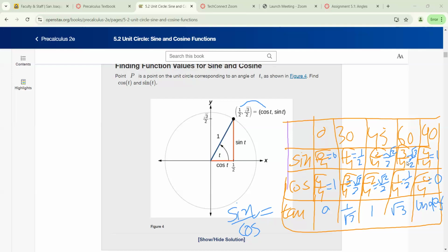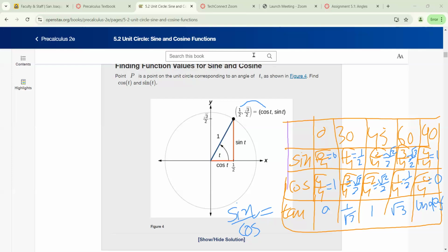I can tell by looking from my trig table that this angle is 60 degrees, because at 60 degrees, cos value is 1/2 and sine value is square root 3 over 2. Okay, so that's how this trig table will be useful, and probably I will repeat it one more time later whenever needed. But this is very useful for our lesson of today.